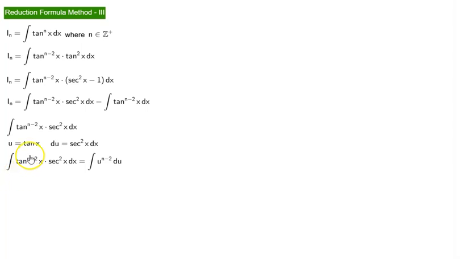So integral of tan to the power of n minus 2 x times sec square x dx is equal to, after substitution, integral of u to the power of n minus 2 du, which is equal to u to the power of n minus 2 plus 1 by n minus 2 plus 1, which is u to the power of n minus 1 divided by n minus 1. And substituting back, we get tan to the power of n minus 1 x by n minus 1. So the first term is this.